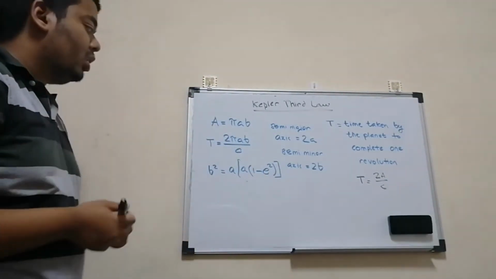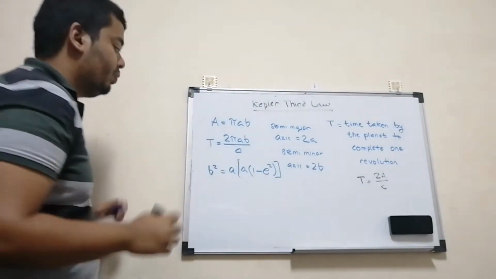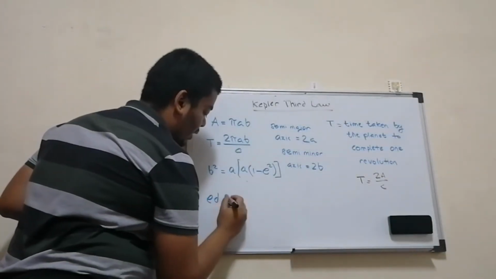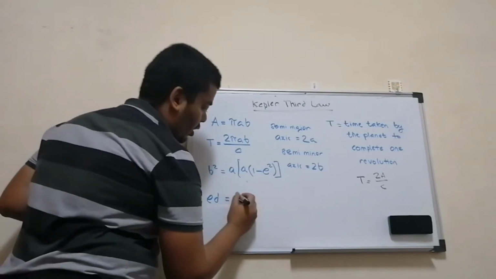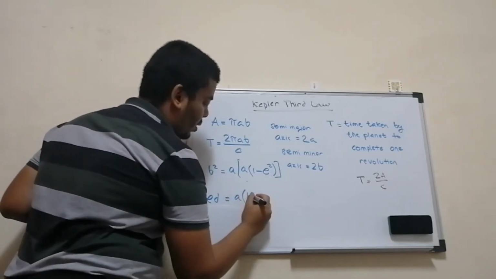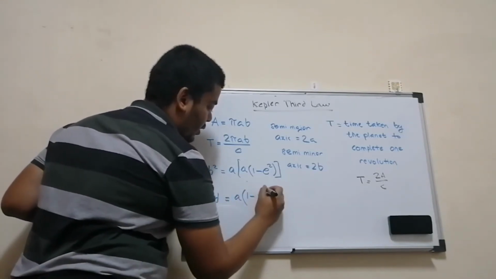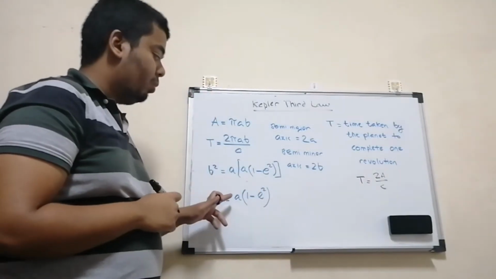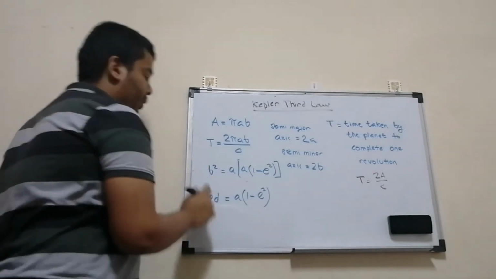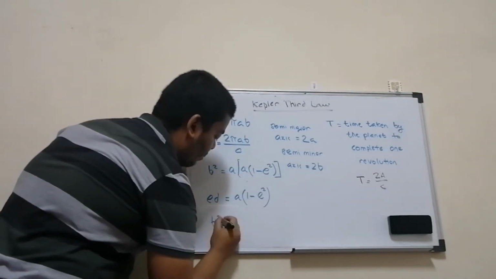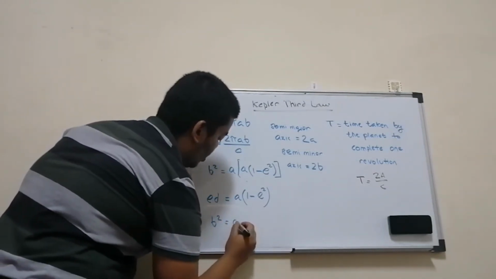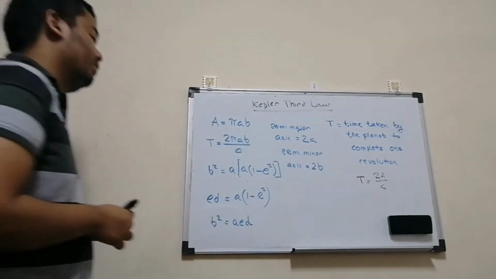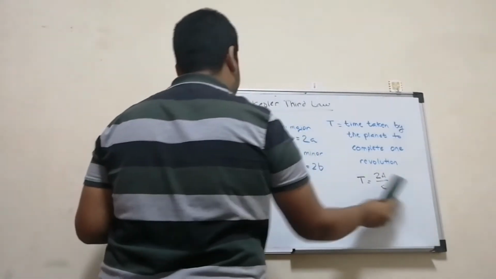Okay guys, now we have another formula from the conic section. We can write this down as ed is equal to a into 1 minus e squared. There you go. We can replace this formula in the top formula, and we'll have b squared is equal to aed. There you go. There's another formula that we have. I'll remove this part.